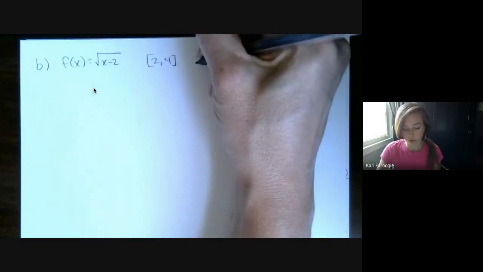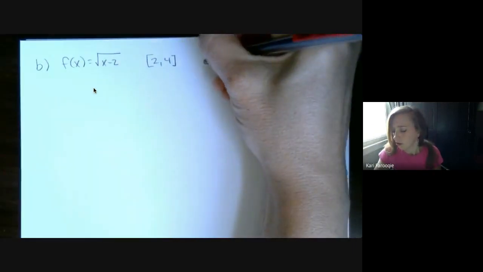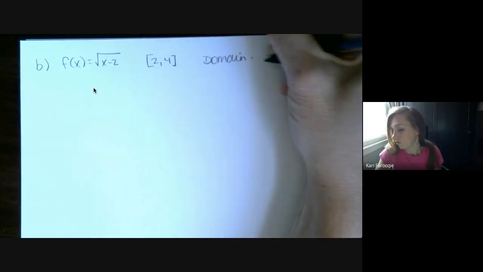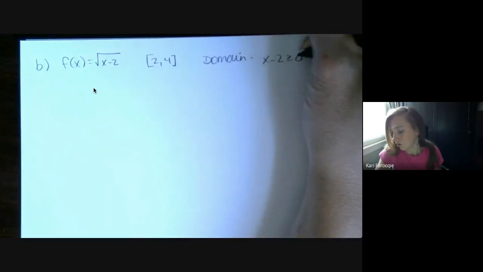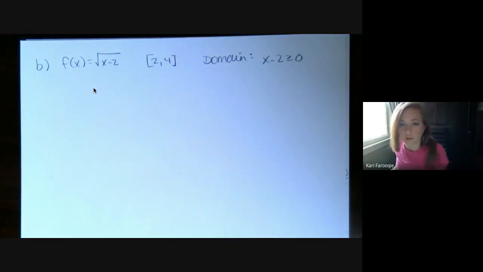So B, we'll do a radical function. We haven't looked at those today. The square root of x minus 2. We're going to look at this on the closed interval from 2 to 4. Your function is going to be continuous on its domain. The domain of your radical function is just values such that x minus 2 is greater than or equal to 0.